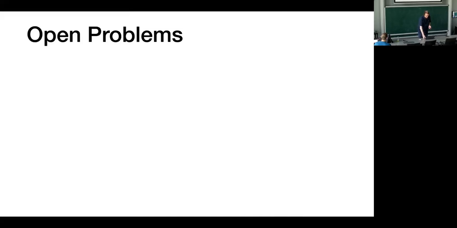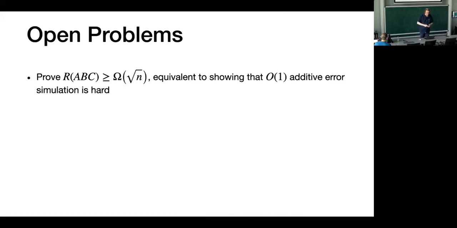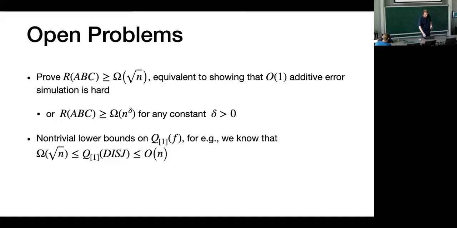Okay, so it's done. Open problems. Well, the big open problem is to get this lower bound for the ABC problem conjecture to be zero. Also, this constant additive error is the same as just looking at the communication complexity, because that's then the same as constant error approximation. Any n to the delta would be fine.